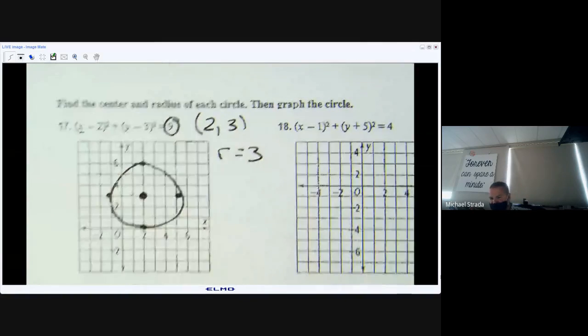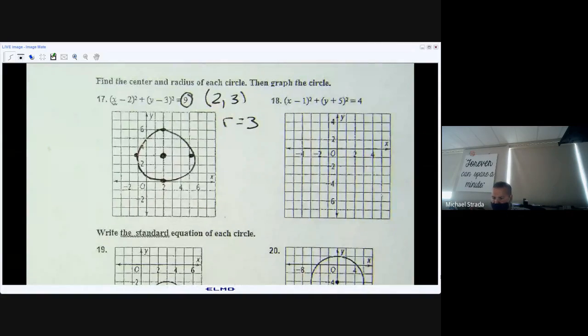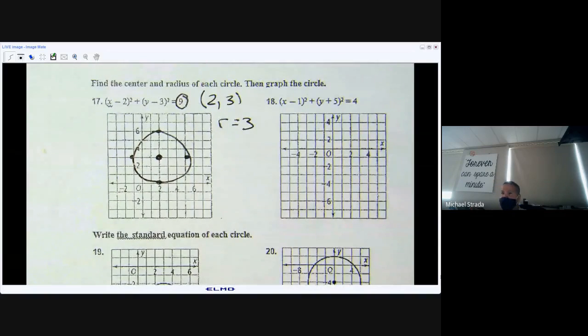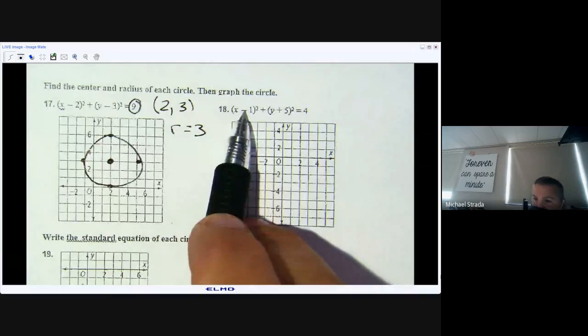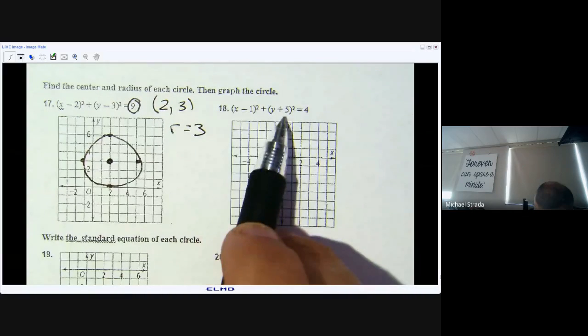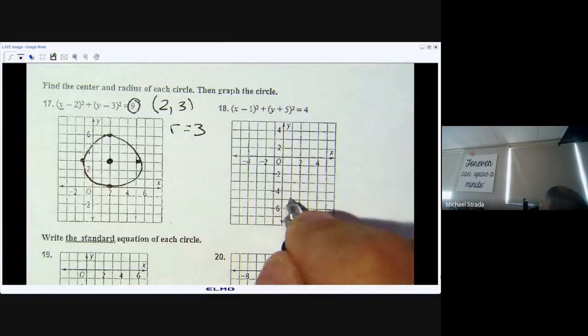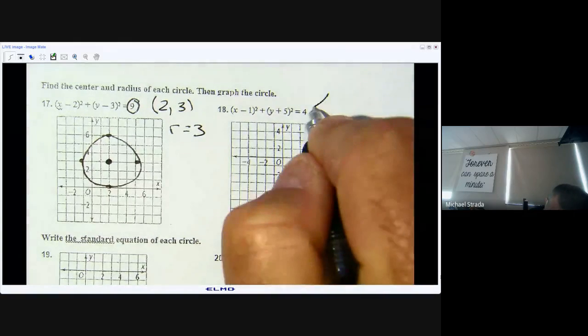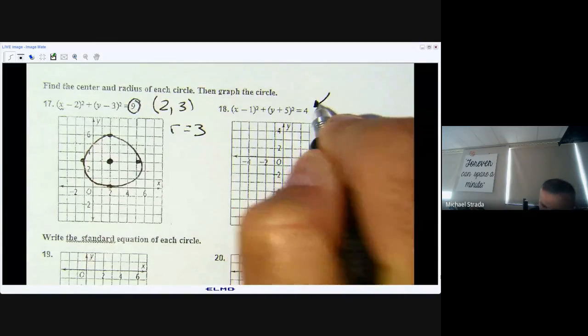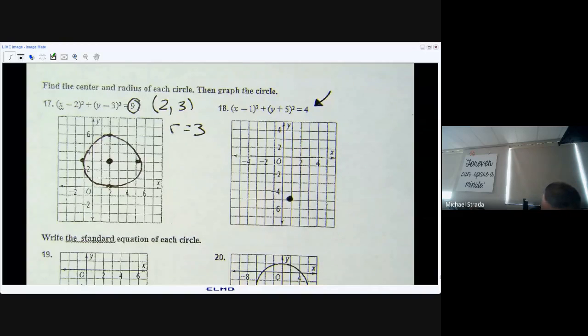Everybody good with graphing a circle once we figure out what the coordinate is? So for example, in number 18, what's the opposite of -1? 1. What's the opposite of +5? So 1, -5 is my center. And then 4 represents the radius squared. So to get the radius, we do a square root. What's the square root of 4? 2.